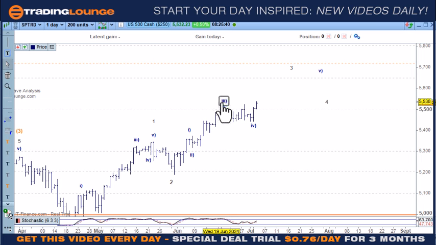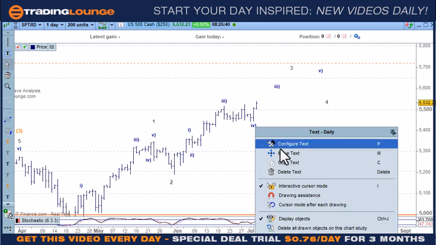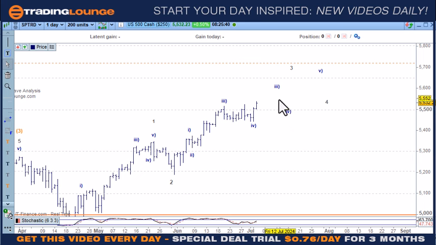So we've got to look at different ways of extending this out here. We'll do something like this, and in the meantime we can look at this being 1 and 2 and 3, 4, 5 going up here, and then some sort of correction here, and then moving up again at that point, something like that.